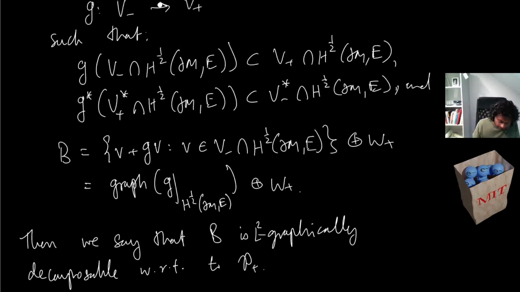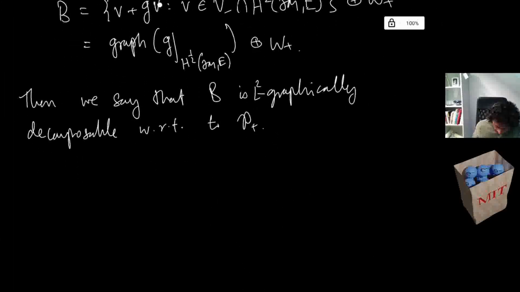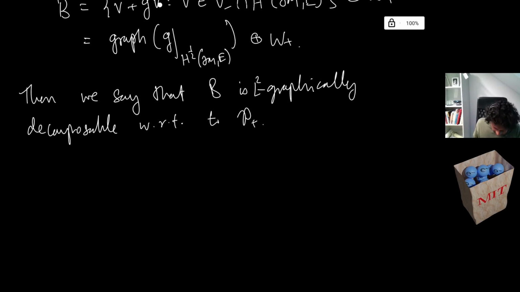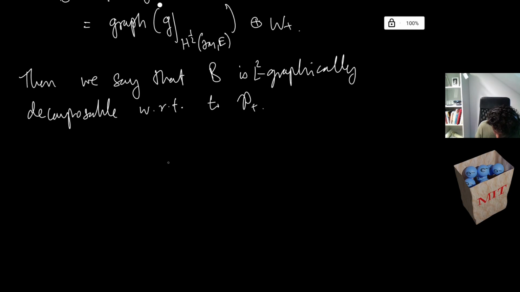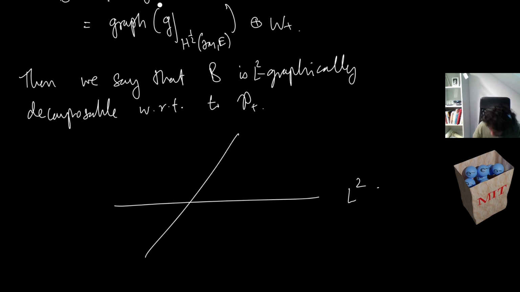Okay, so it's a bit of a difficult definition, right? But what is it really saying? So what is the splitting? I have my space L2, so let's denote L2 by these two subspaces. So this is P minus L2, and this is P plus L2 on the boundary. Of course, it doesn't have to be orthogonal.